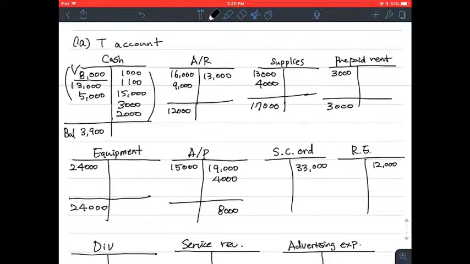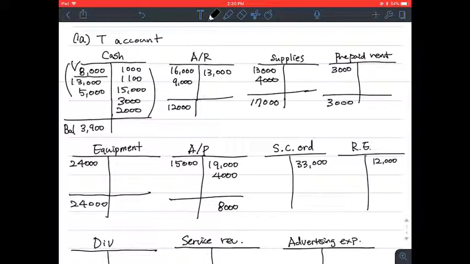Okay? Once you find all the balance, you should underline it twice, to make sure that you have finalized the balance.